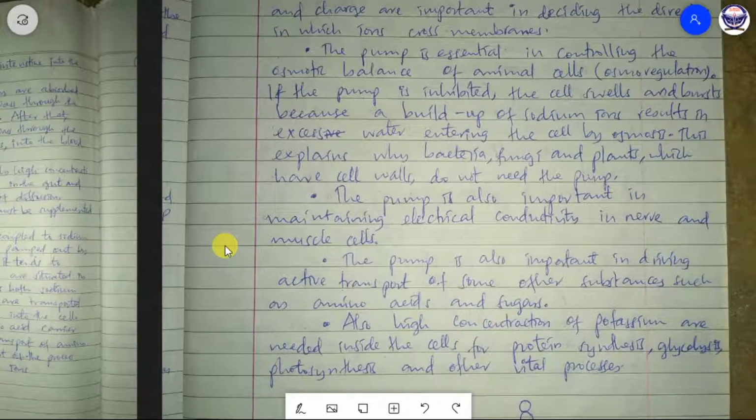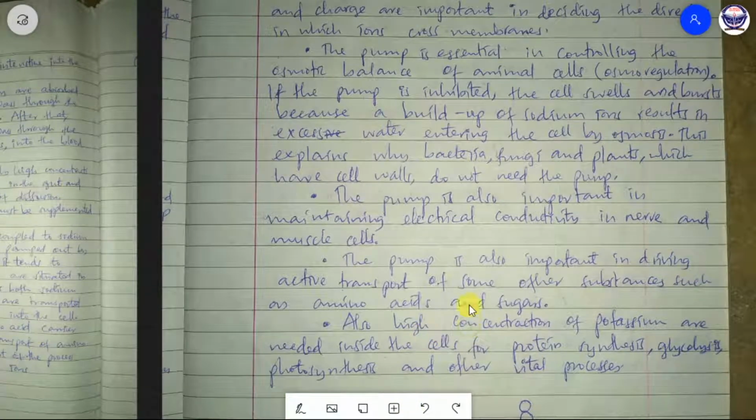However, actually, the action potential doesn't much require the sodium potassium pump, but the resting potential requires it much, because in the resting potential, the sodium potassium pump is the one which tends to restore from the depolarization into the repolarized state.